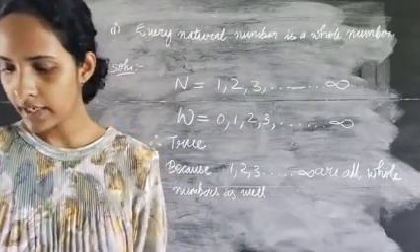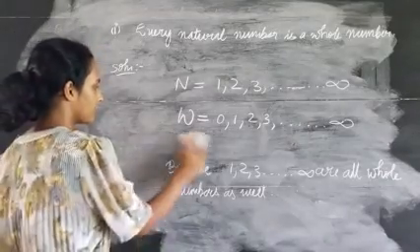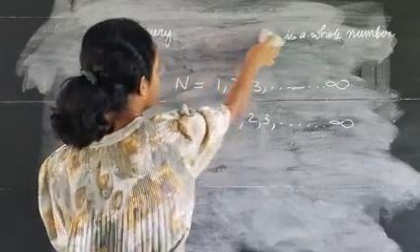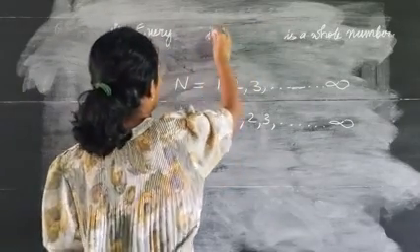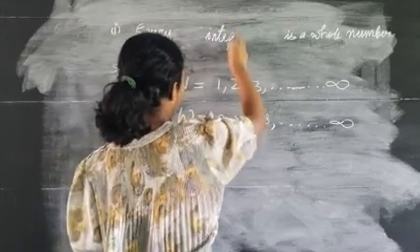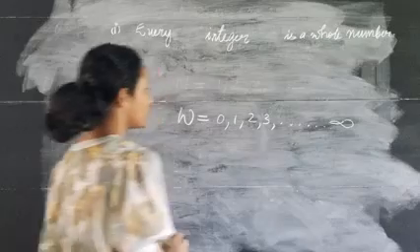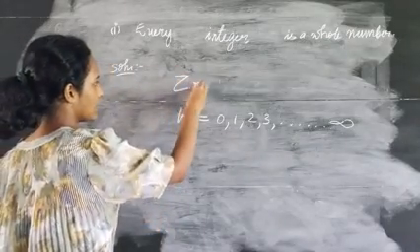Now the second part, every integer is a whole number. So instead of natural number set, we take integer set. What is the integer set?